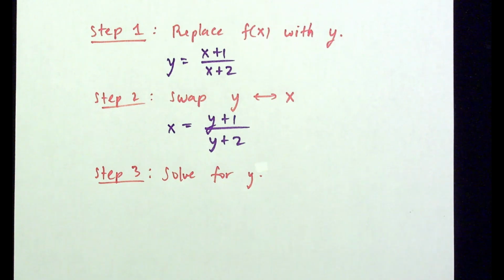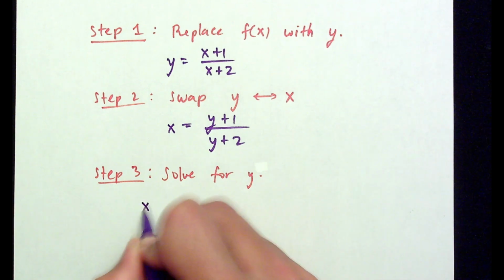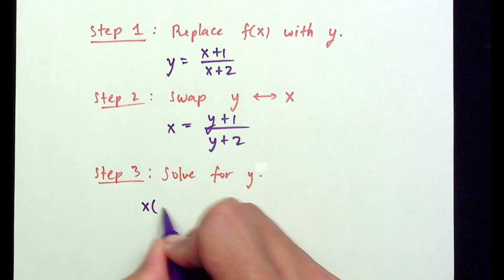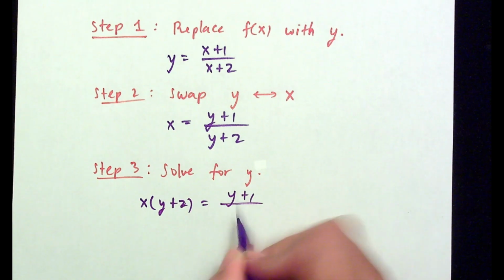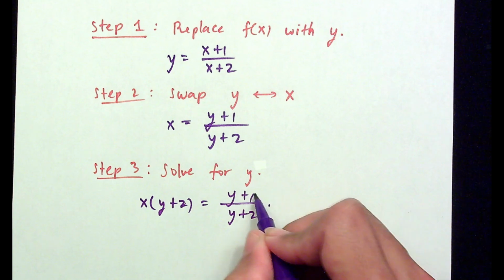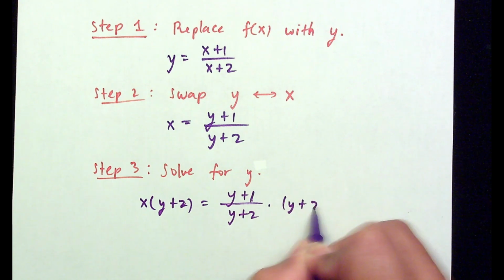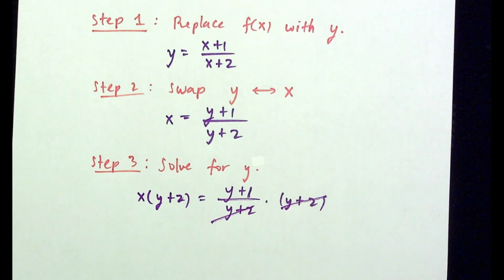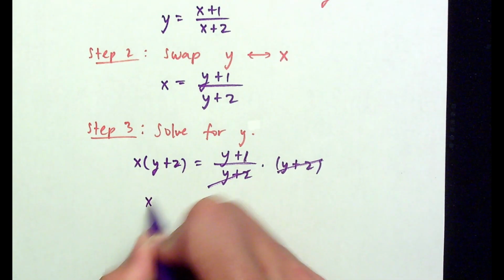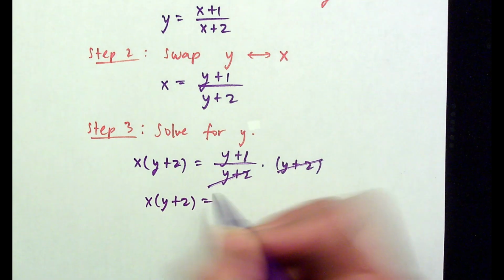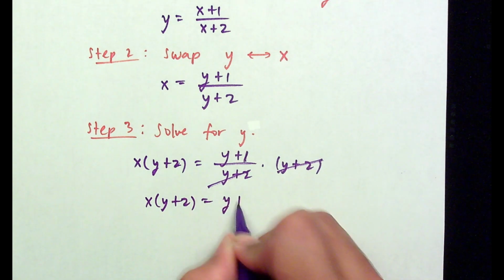The left-hand side becomes x times y plus 2, and on the right-hand side the denominator cancels, and we end up with x times (y plus 2) equals y plus 1.